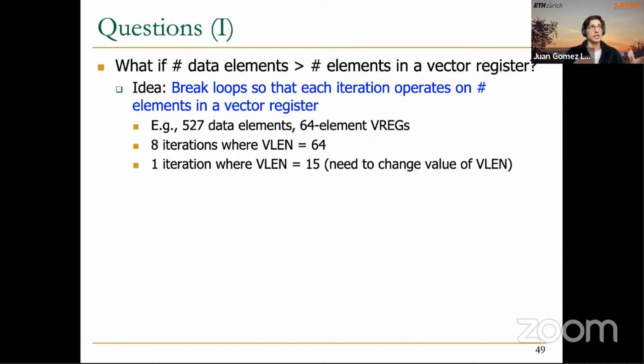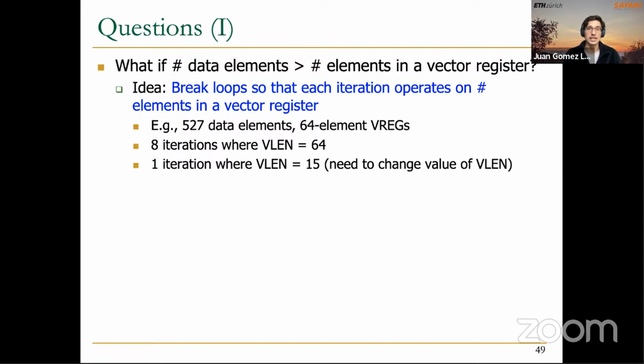So what that means is that I should take these 527 elements and operate on them 64 after 64. So it's first the first 64, then the next 64, and so on. And I will have 8 complete iterations of 64 elements. But after that, I will have kind of a tail, and this tail also needs to be computed, right? In this case, I will have a final last iteration that is incomplete.